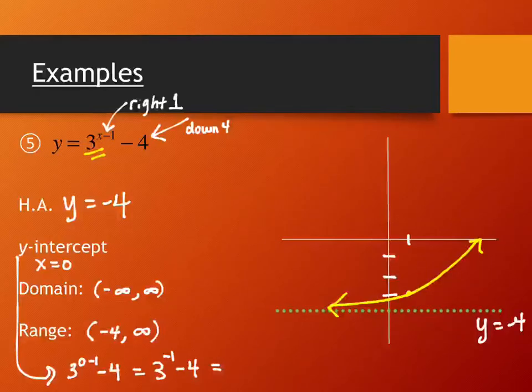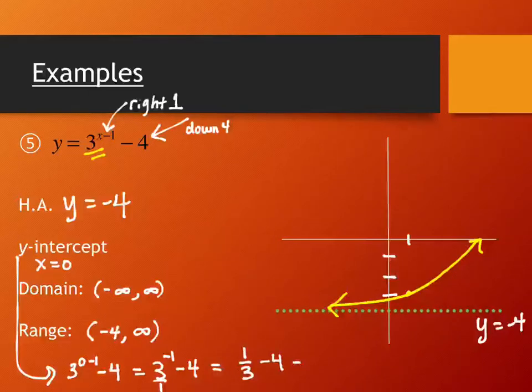Close, it's just 1/3. The negative flips the fraction. This fraction is 3 over 1, or you can think that the negative puts the 3 in the denominator. So this is 3 to the 1 in the denominator. That's 1/3. Now I have 1/3 minus 4.